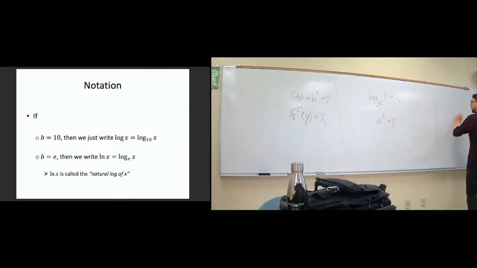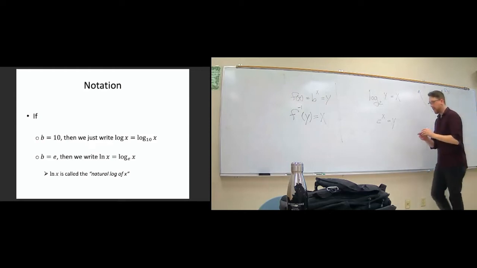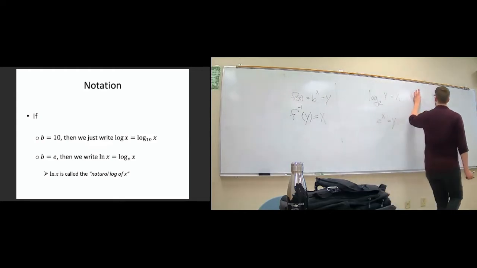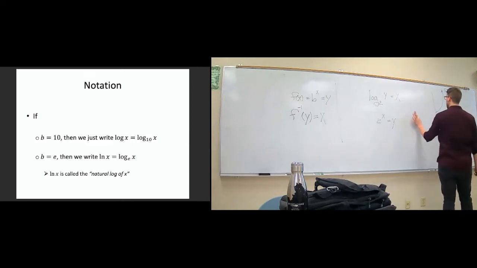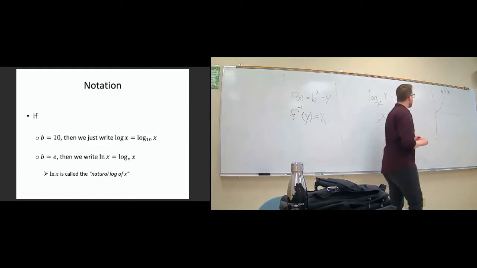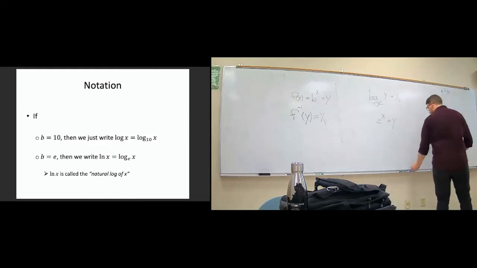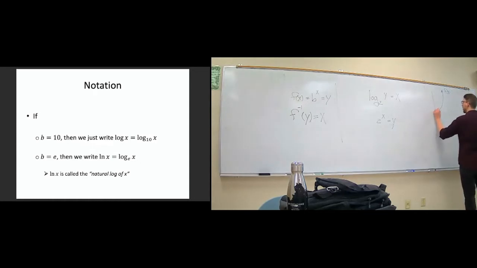Well, we've seen before that if we have a function f of x, for now I'm actually just going to consider the positive part, its inverse would be the reflection across the line x equal to y. So the inverse function would have a graph looking like that, right?